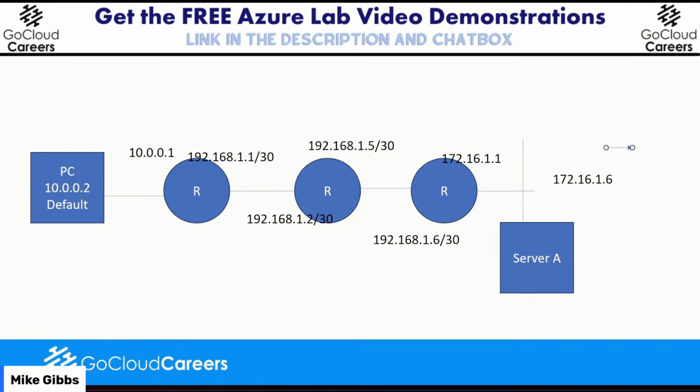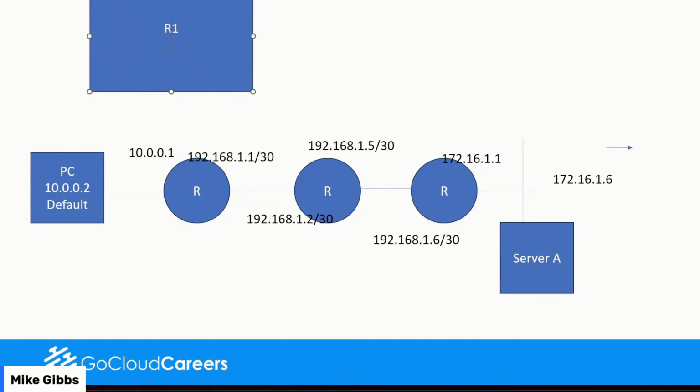So what happens is these routers run what's called a routing protocol. Let's say this is router 1, and let's say this is the Ethernet 1 port, E1. Let's pop this over here to make it clear.